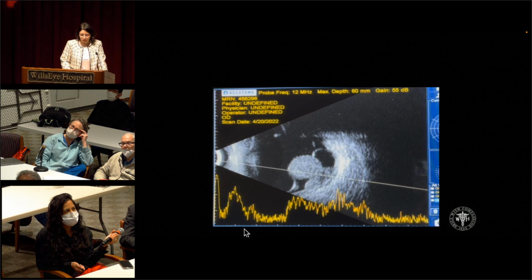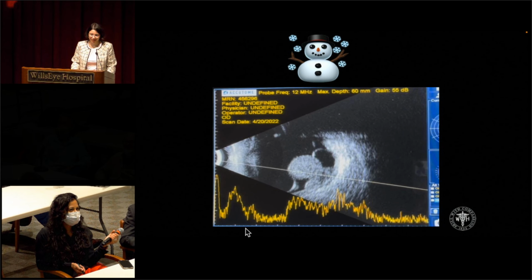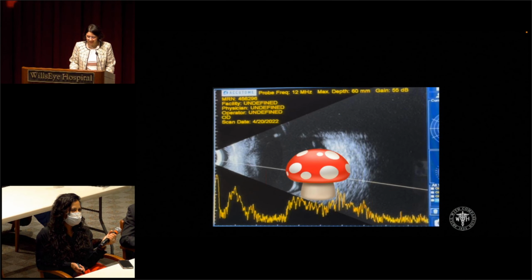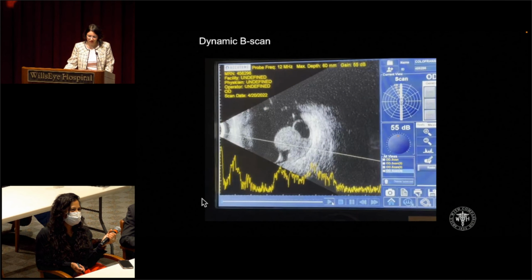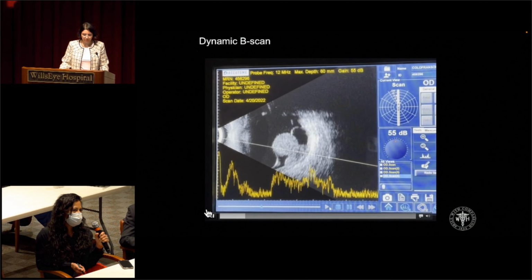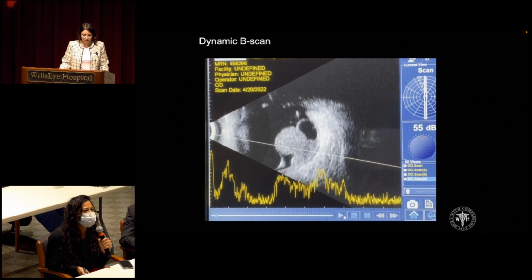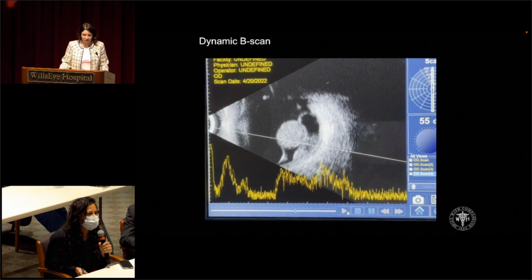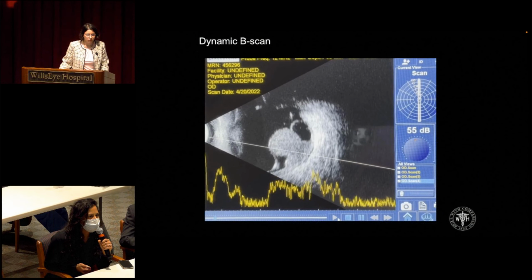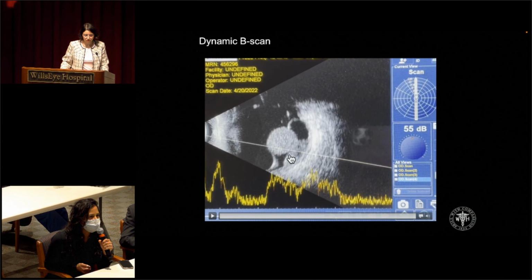So when I first looked at this B scan, I saw the snowman, but actually it was the real mushroom. So we also have a video here, dynamic B scan. Yeah, Dr. Shields can probably comment on this a little bit more definitively, but possibly some internal pulsations.